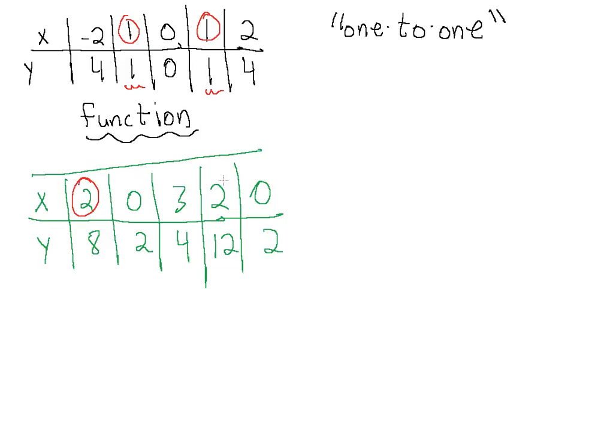Here we have 2 appearing more than once, and that's okay as long as that gives us the same output, the same y value each time. But here that is not the case. The x value of 2 gives us two different outputs. It gives us 8 and it gives us 12. Okay, so this is not an example of being one-to-one, so this is not a function. Not a function.